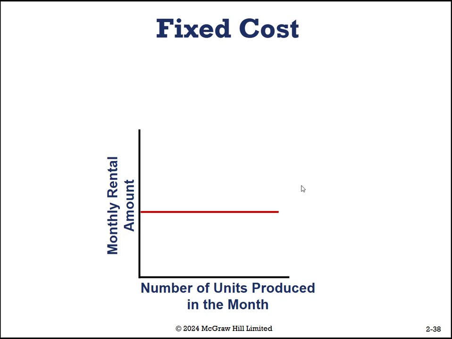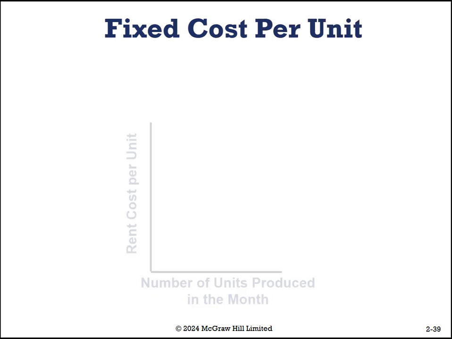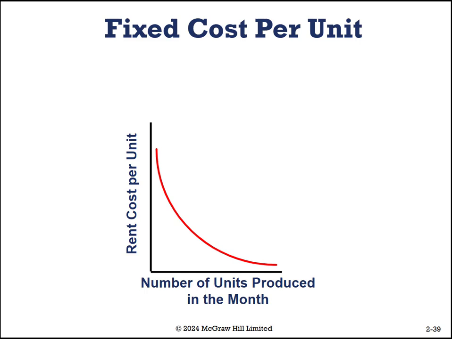Rent is going to be the same. So if you sell 1 cup of coffee, that is $50,000 of rent per 1 cup of coffee. But the more coffee that you produce and sell, your rent cost per unit will decrease.